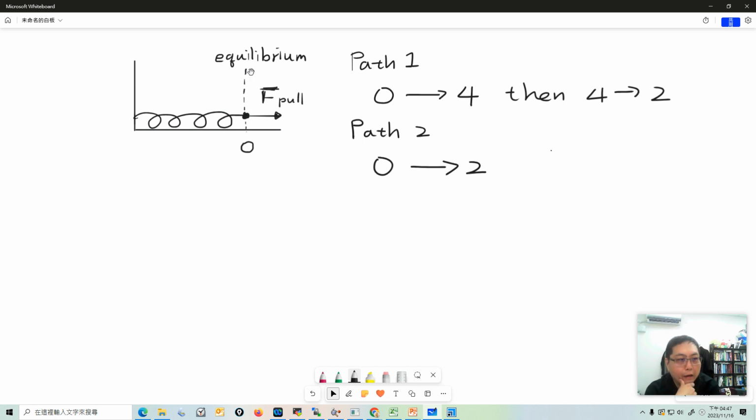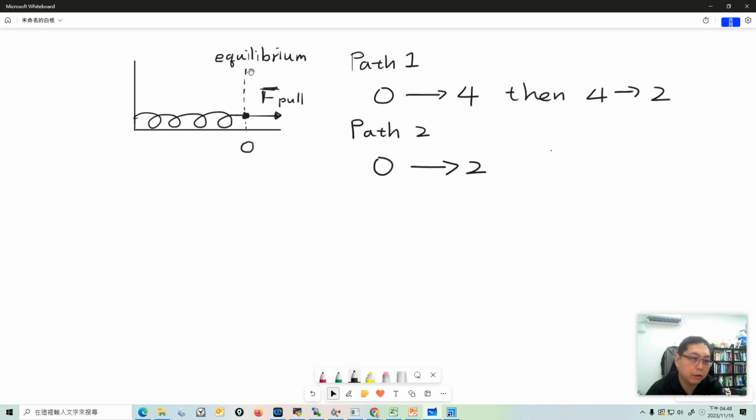In path one, I stretch the spring from 0 to 4, and then gradually come back to 2. Path two is just pulling the spring from 0 to 2. I will calculate the work done by the spring force in path one and path two.